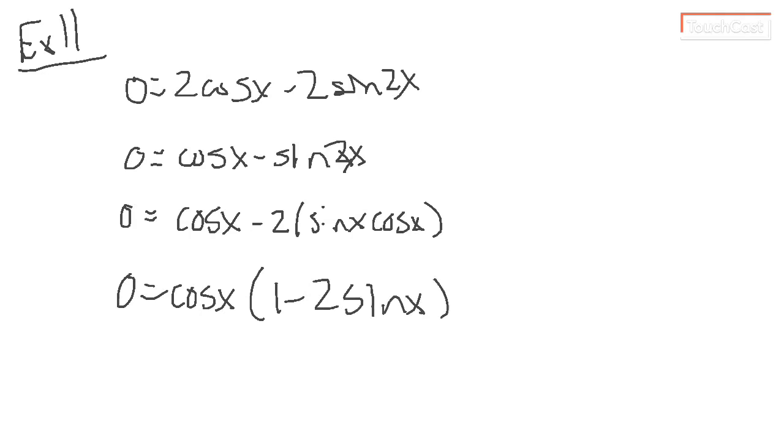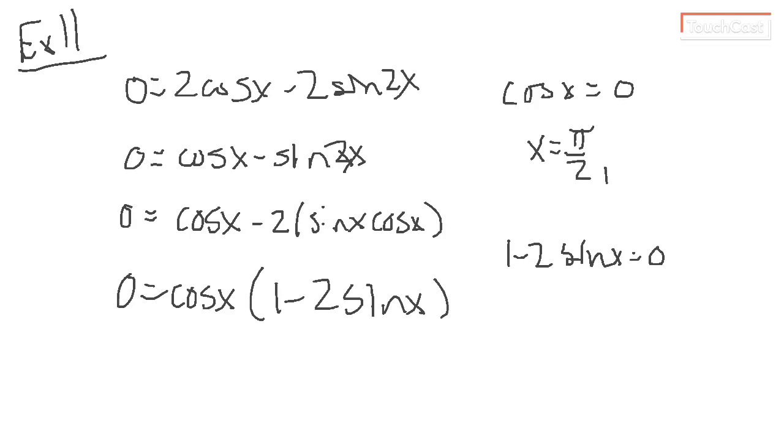Now, I'm going to set each of these equal to 0, so cosine x equals 0, and 1 minus 2 sine x equals 0, and I'm going to solve them. Well, cosine x equals 0, already done. If we use our unit circle, we'll find that x could be all the values where cosine is 0. x can be either pi over 2 or 3 pi over 2 if we're looking in the interval from 0 to 2 pi.